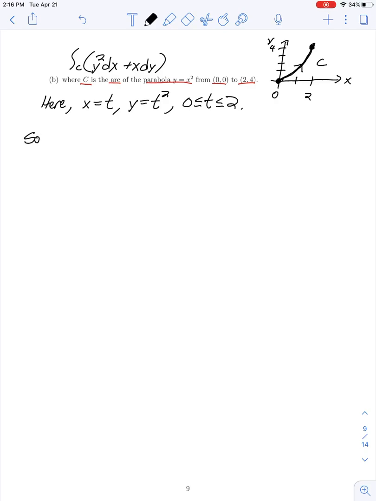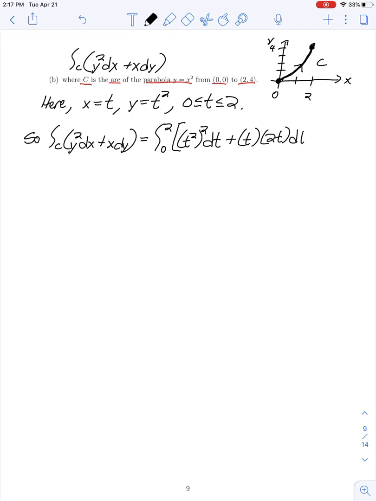So let's set up our integral for this line integral with respect to t. So in part B, we're integrating over the t interval from 0 to 2. And our function was y squared, so y is t squared, we're then squaring that, times the differential of x, which would be 1 dt, plus x, which is given by t, times the differential of y, which in this example is 2t dt.